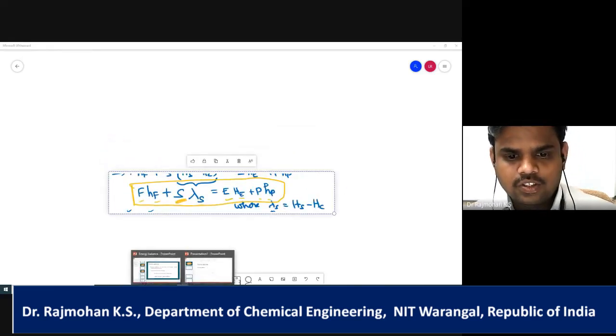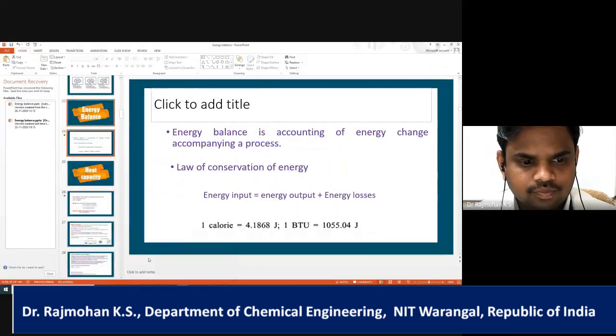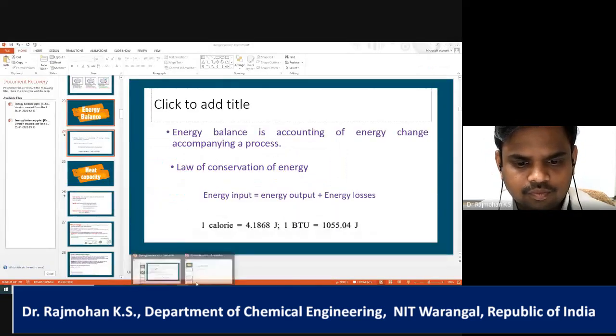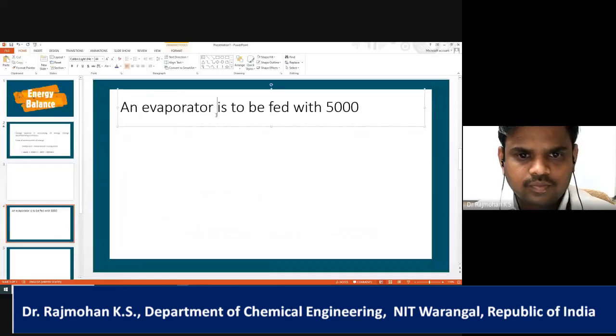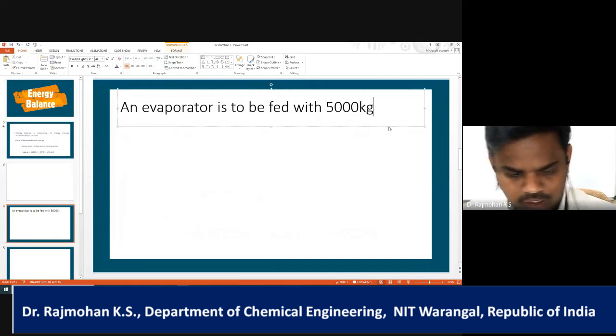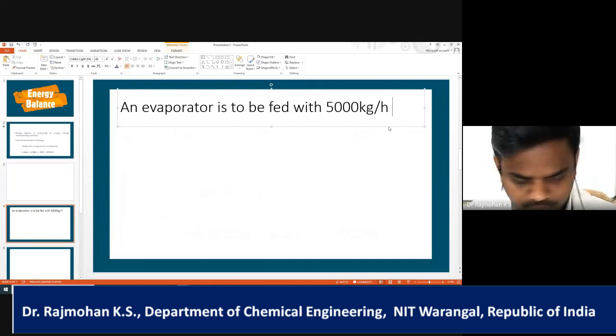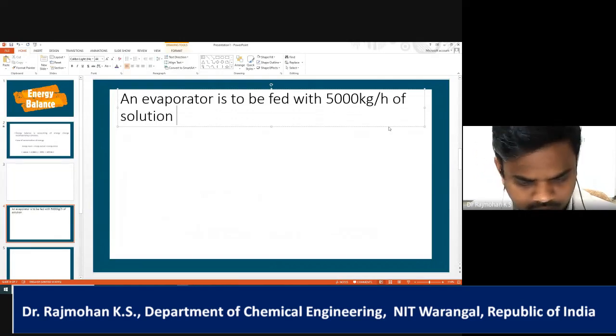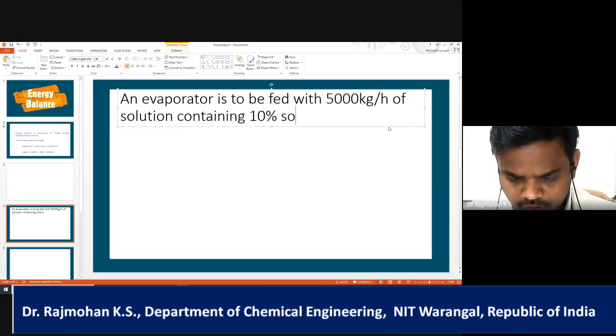Okay, so we will solve a problem. Take down this problem. An evaporator is to be fed with 5000 kg per hour of solution containing 10% solute by weight.